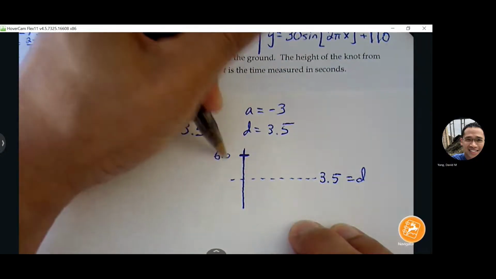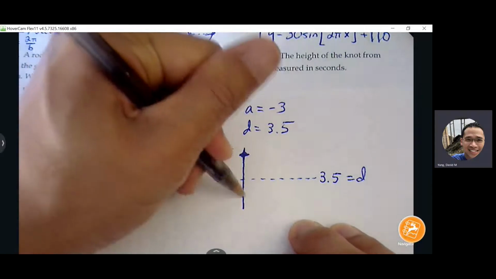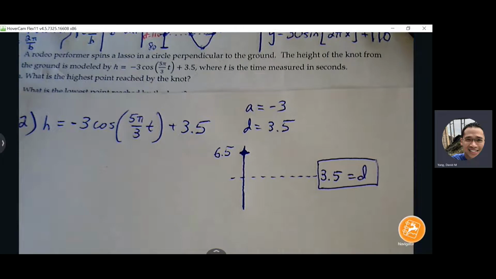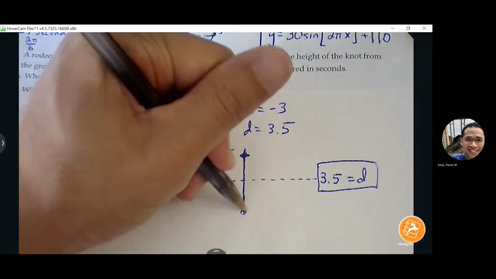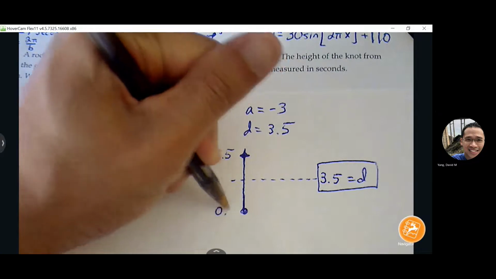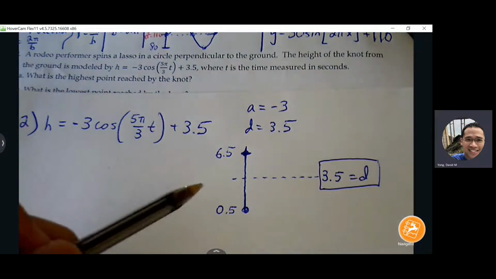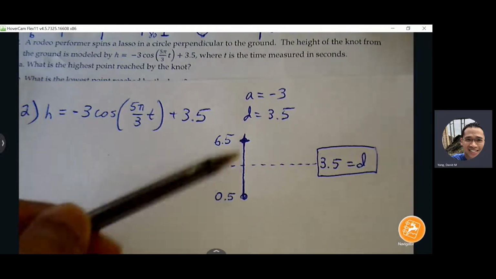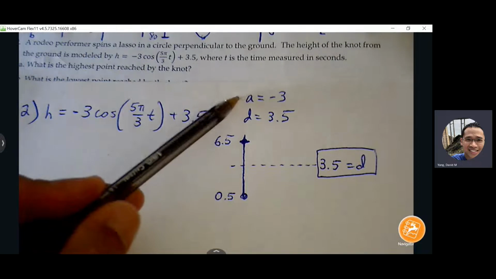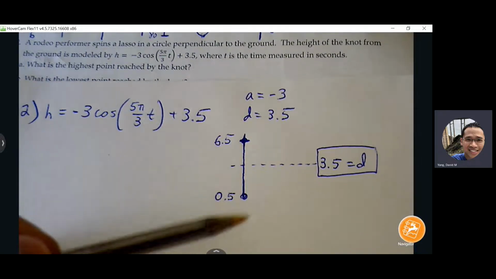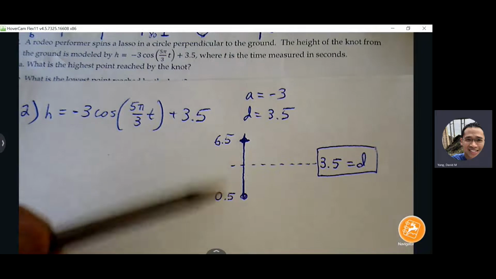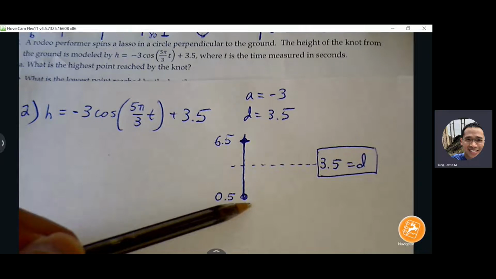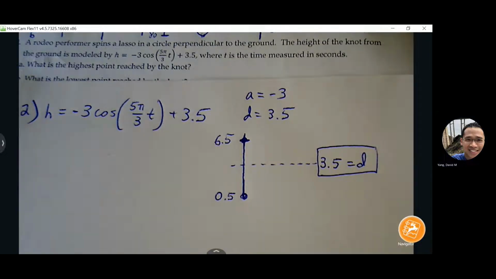And what's going to be my lowest point? We know that because the distance from the midline to the peak and the valley, or peak and minimum, is going to be a distance away. And the negative just means it's a reflection, which is going to impact the shape of the graph, but it's not going to impact the distance, right? So 3.5 plus 3 is 6.5. 3.5 minus 3 is 0.5.